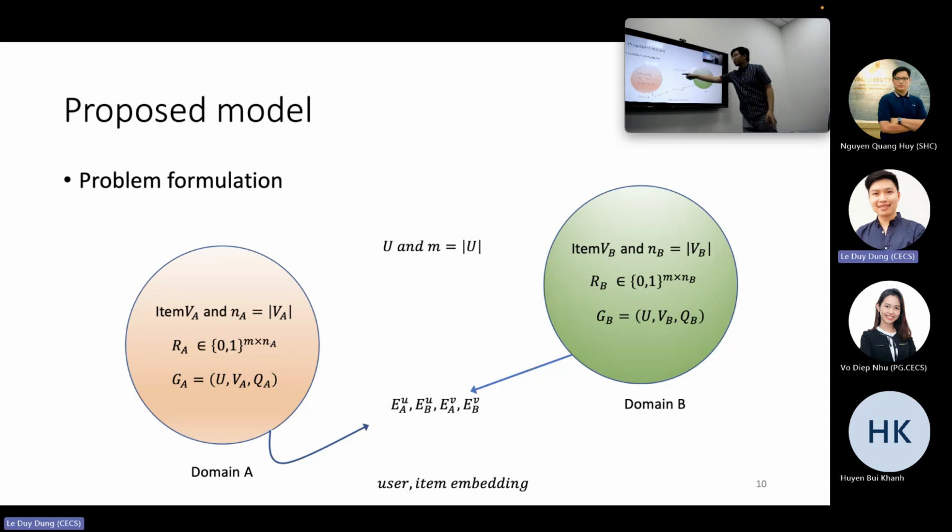User embedding is shared between the domains, and vector item embedding as VA, and QA is the edge between the user and item. So similarly, we have CB and RB and BD.